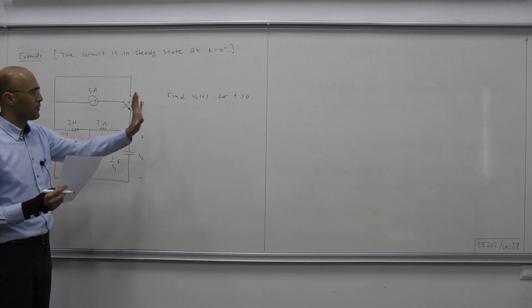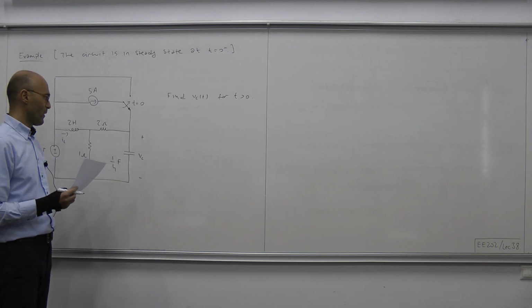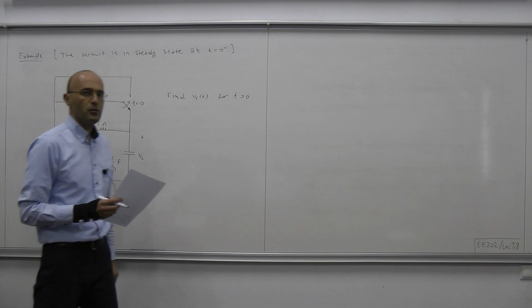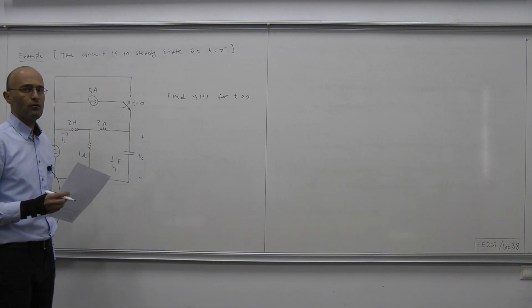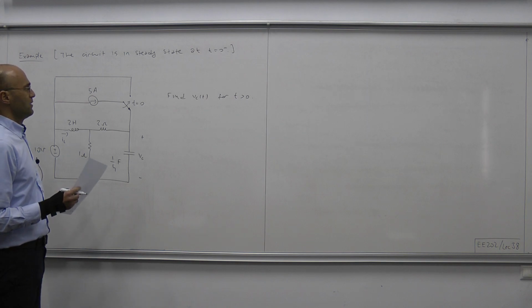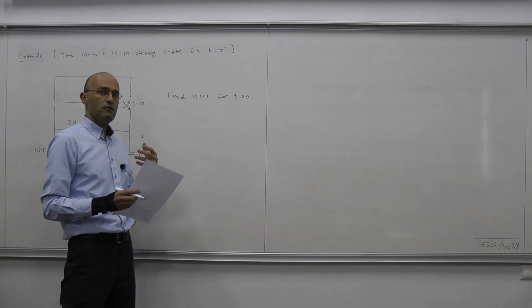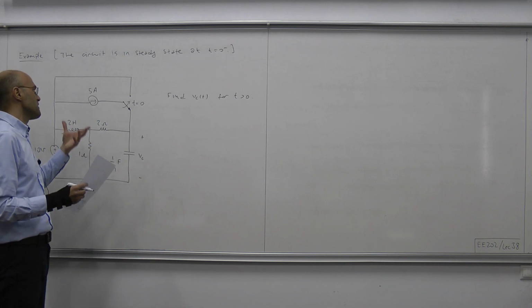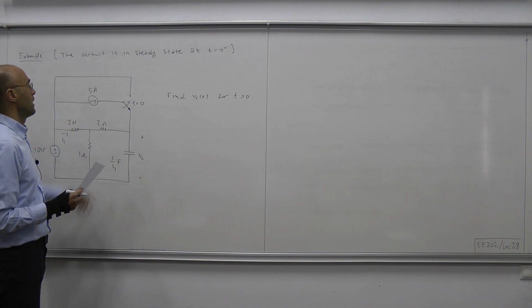We take this circuit after the switch moves to the top position and move it to S-domain. For that we need to know the initial conditions of the dynamic components, which are not given, so we have to figure them out. It's in a sense indirectly given.